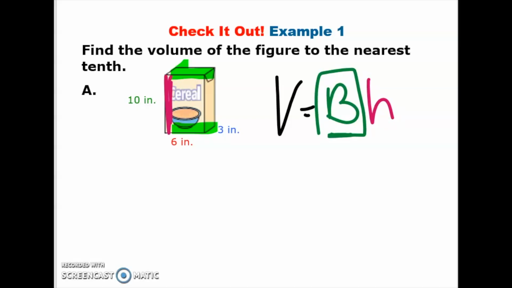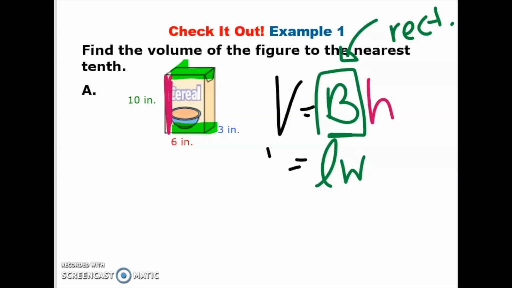That's why it's a capital B. So it's not going to be a single number. You have to think about what shape is our base and how do I find its area. So in this case, our base is a rectangle. I find the area of a rectangle by doing length times width. So that's where I would want to start, is length times width. And after I've multiplied the length and width, then I'm going to multiply it by the height.